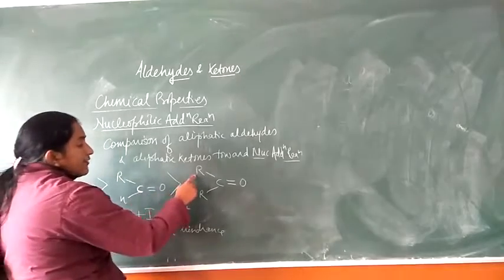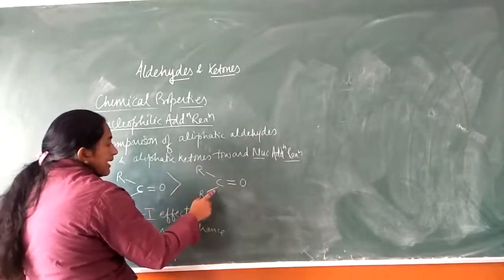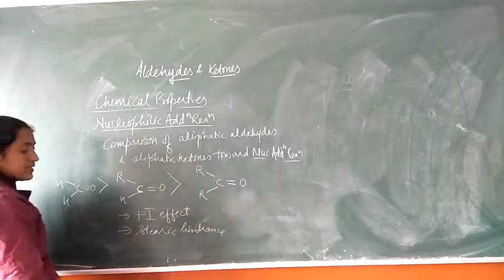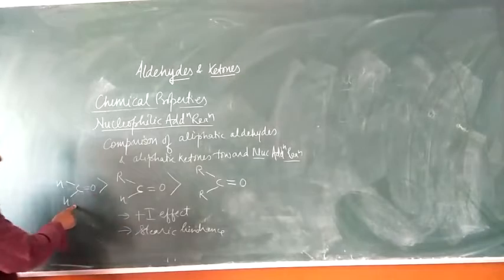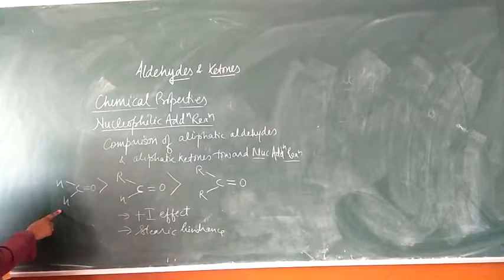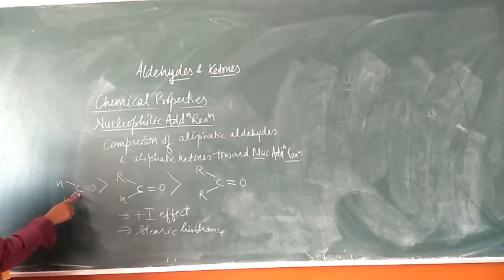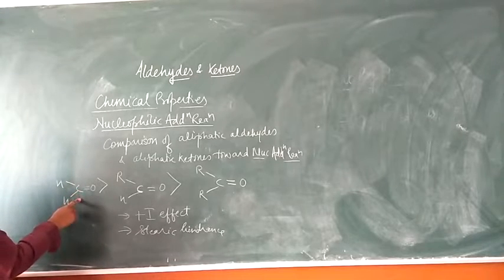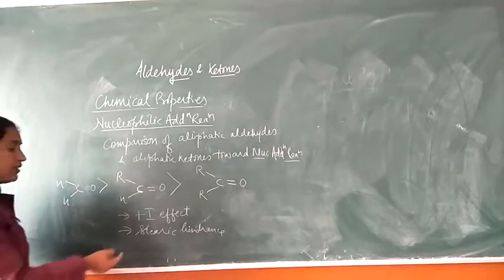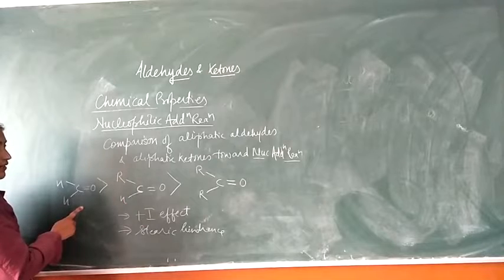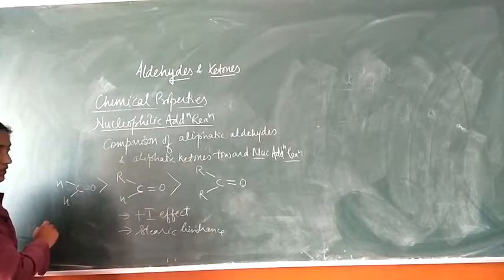Here we have got two alkyl groups, so the magnitude of the positive charge on the carbon atom will be reduced to a greater extent. Whereas in formaldehyde there is no alkyl group, so the intensity of the positive charge on the carbon atom will be retained. So from the inductive effect concept, formaldehyde is more reactive toward the nucleophilic addition reaction.